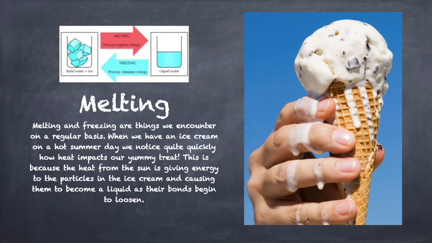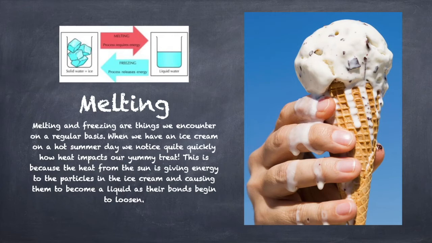And so we actually notice in real time how the heat is changing the state of our ice cream, tragically. So we see that as the sun's energy is hitting our ice cream, it's warming it up, and as it warms up, the particles inside of the ice cream start to jostle around a bit more and a bit more.